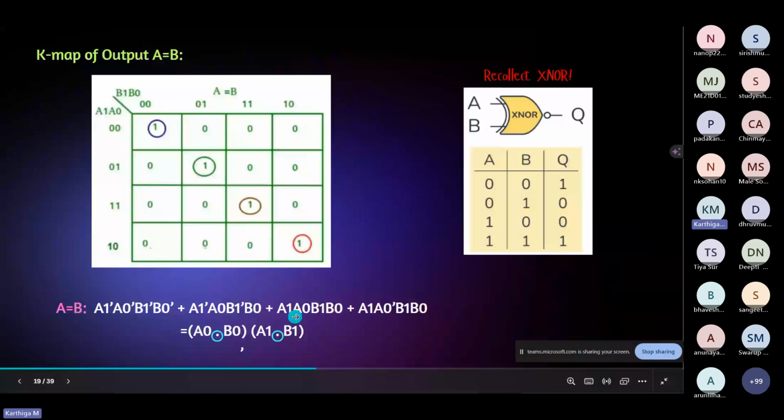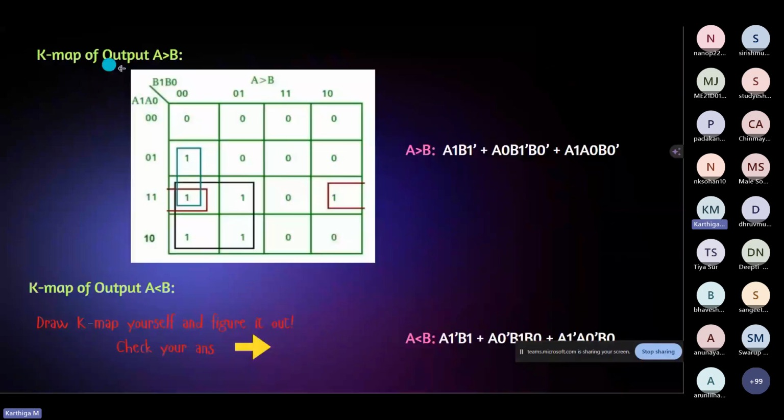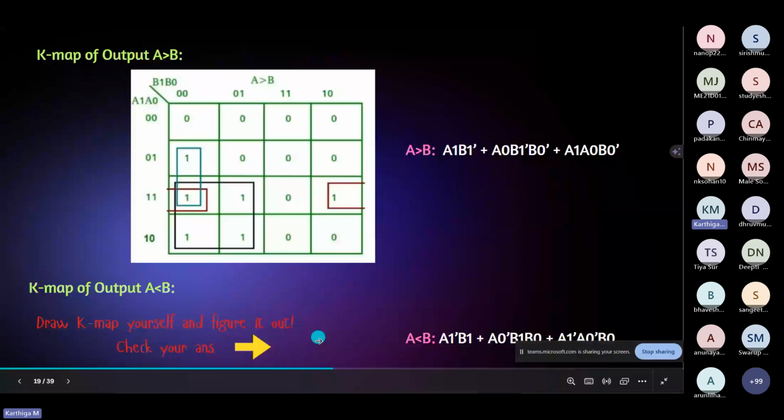Next, you have the K-map for output A greater than B. It is again very simple. You can make groups, write down the minterms, and reduce it. This is the final expression you get. The K-map for output A less than B, you can try out yourself. This is just an exercise. These applications are exercises for your K-map practice.